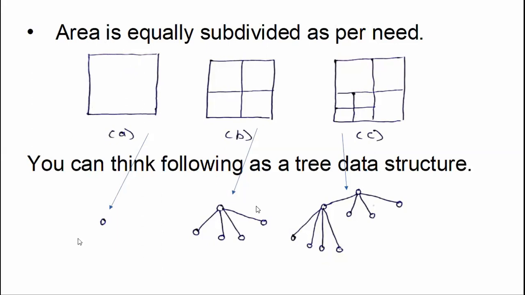Suppose this is a single area, we can simply represent it with a single node. Then this first node is subdivided into 4 parts, displayed with 4 edges. Then one of the areas is again divided into 4 parts. So you can think of this as a tree data structure.